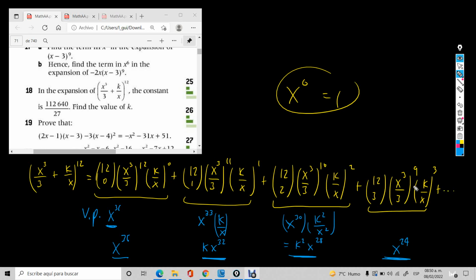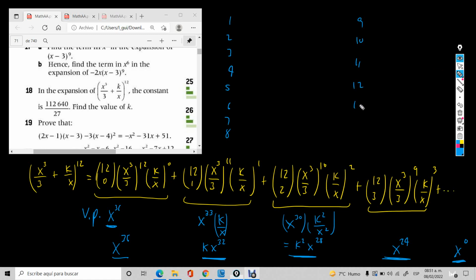And you keep going, you don't have to do this process, just go down by 4 until you eventually reach x to the 0, okay? So how many terms is it going to be? First term, second, third, 4, 5, 6, 7, 8, 9, 10, 11, 12, 13.